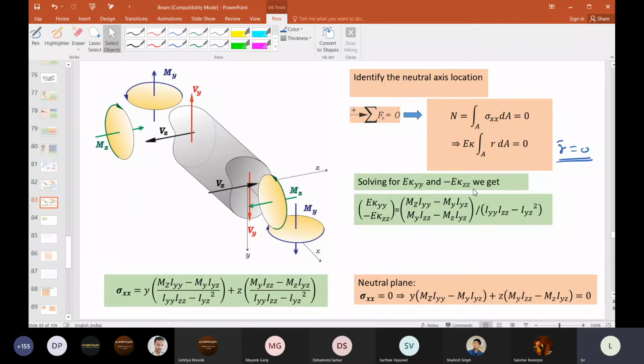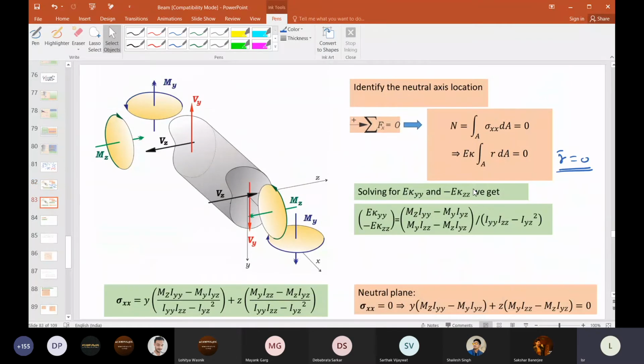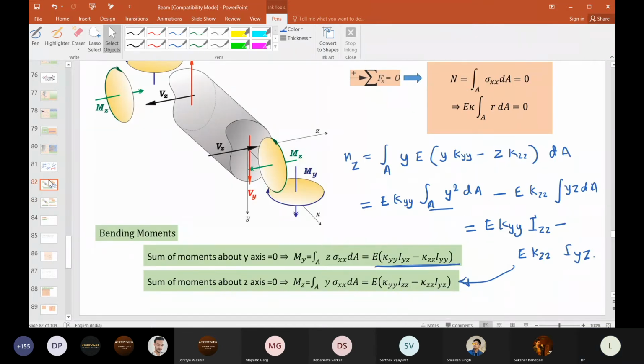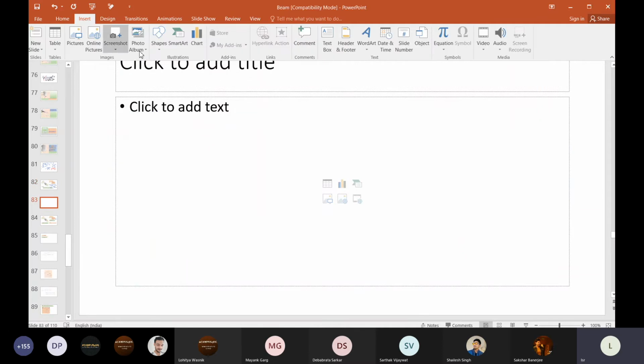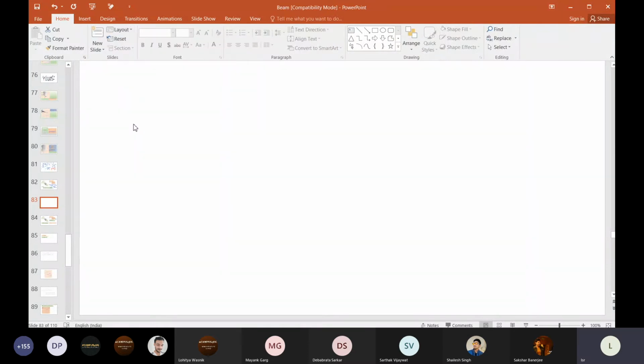So for that we can do here. Okay, I think it's not very clear. Let us put one more slide. Now let's say the slide home, layout will be blank.